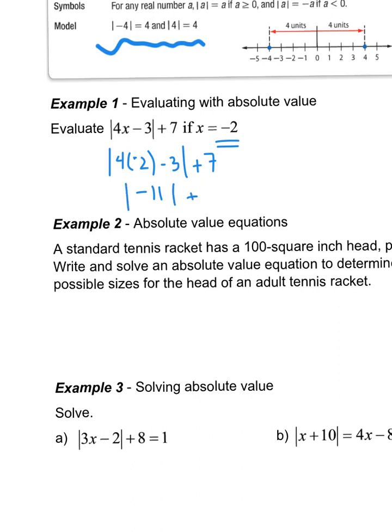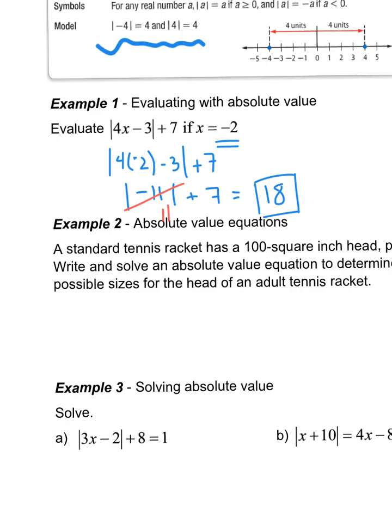So inside the absolute value bars, we have -11. The absolute value of -11 is +11. 11 plus 7 is 18. All right, so basic type of evaluation, just remember absolute values are always positive. And again, they're the distance from 0.